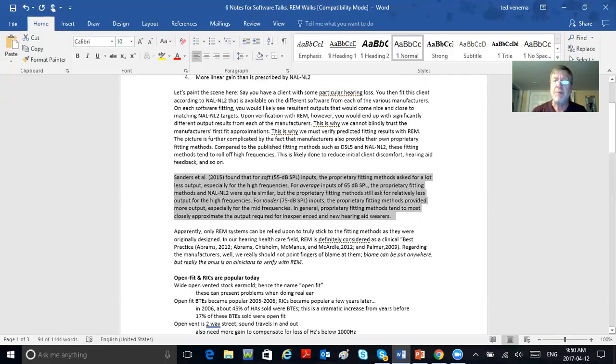For loud inputs, proprietary fitting methods provided more output. Weird. For louder inputs, the proprietary fitting methods provided more output, especially for the mids. In general, proprietary fitting methods tend to most closely approximate the output required for inexperienced and new hearing aid wearers.